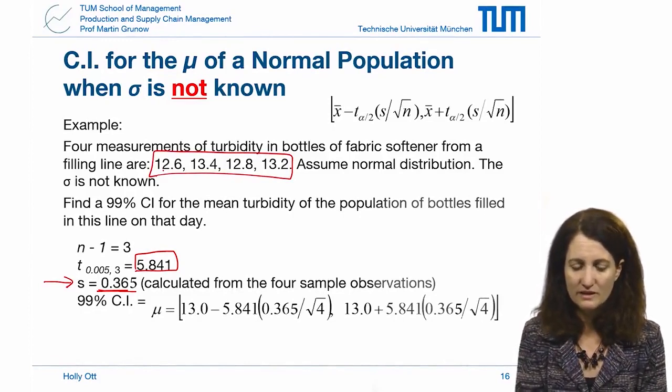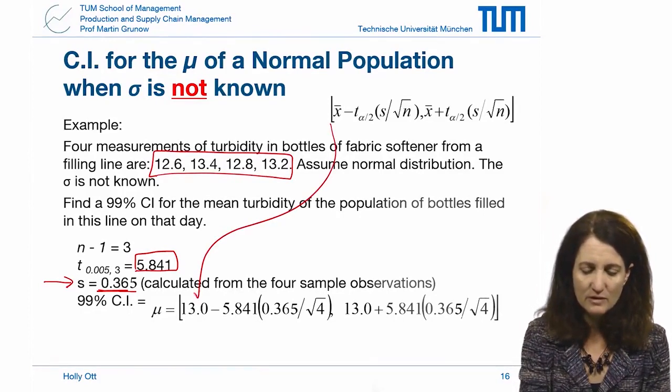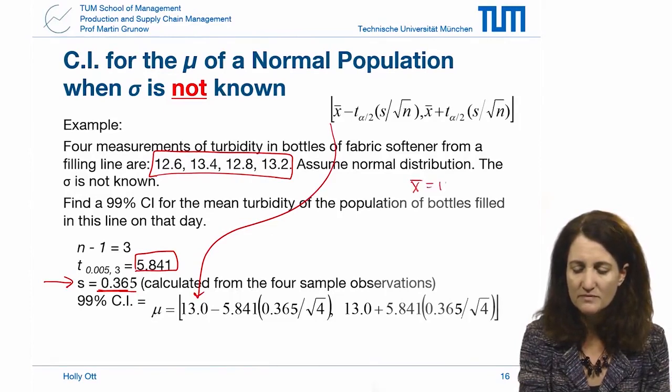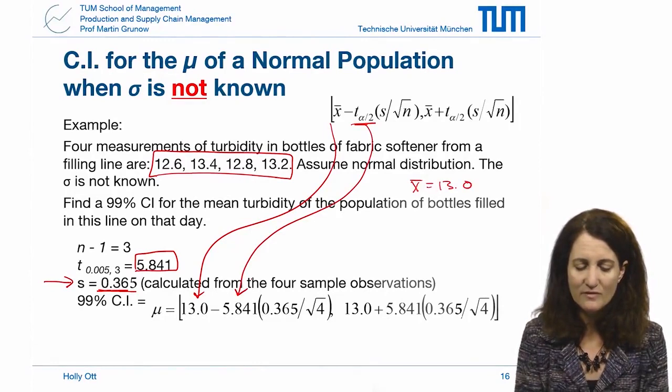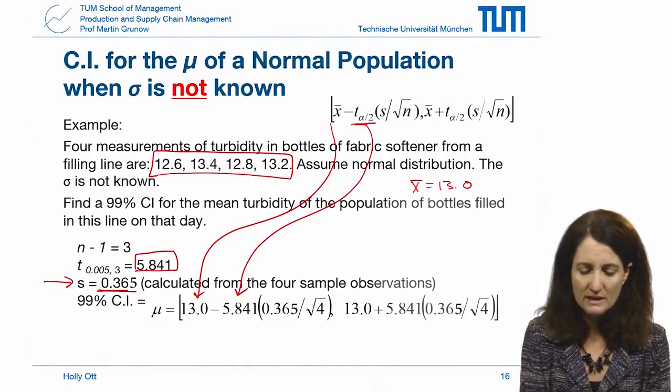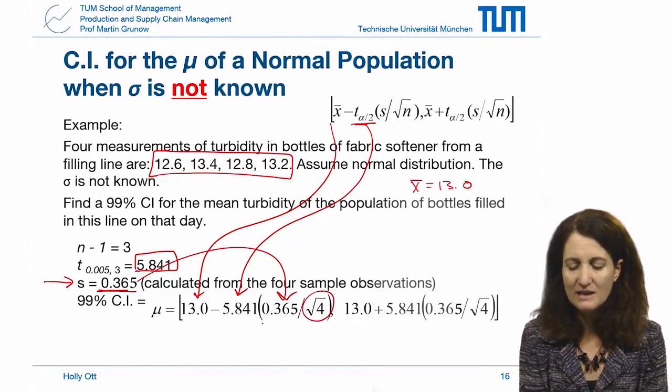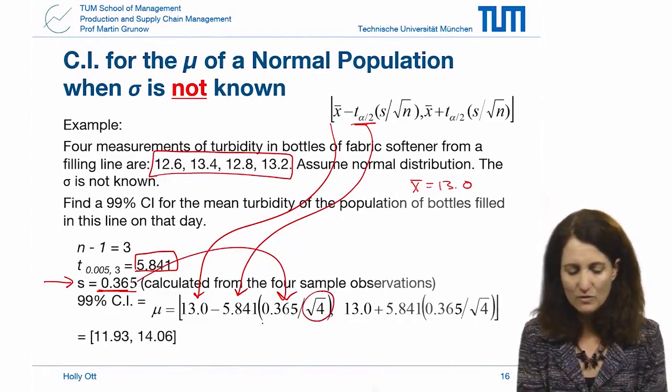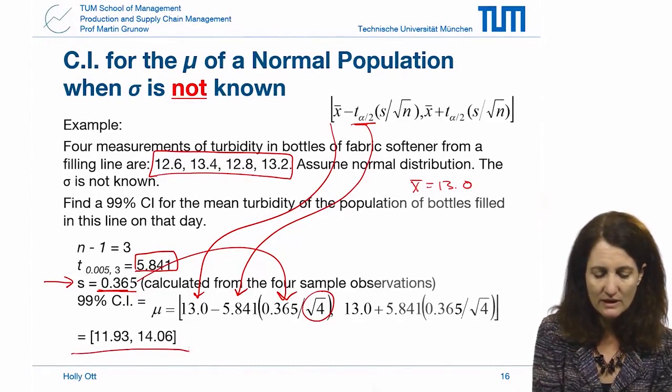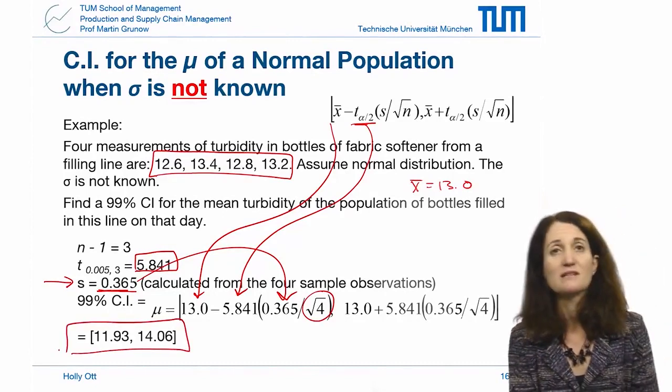For the 99% confidence interval, using this equation, x bar was 13, our T alpha over 2 value was 5.841, the sample standard deviation we calculated, and we have n, the square root of 4. If you work that out, you get 11.93 and 14.06.